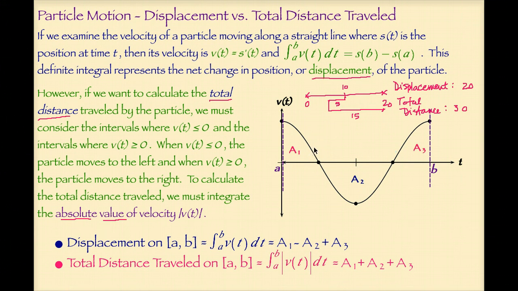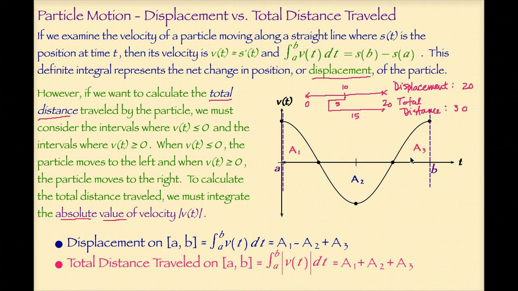And when integrating this positive section, we would end up with a positive region here. Integrating this negative section will give us a negative region. And of course, once again, integrating this positive section would give us a positive region. To get displacement, we would take the positive, add the negative, and the positive, and that would give us simply a net change in position.